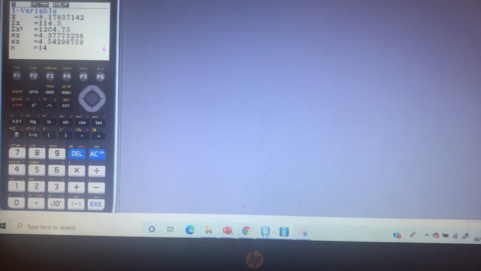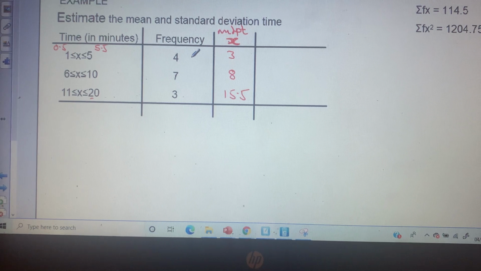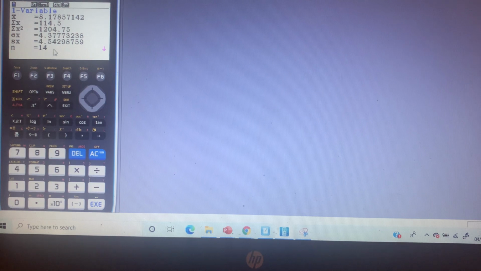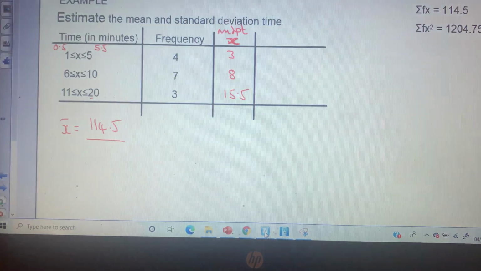Okay, so I would now say my mean is, and again, I'm literally reading the values from the calculator, n is 14, but if I was unsure, it's a really good check on that calculator screen. And my standard deviation, I could use SD, or I could use my lowercase sigma.